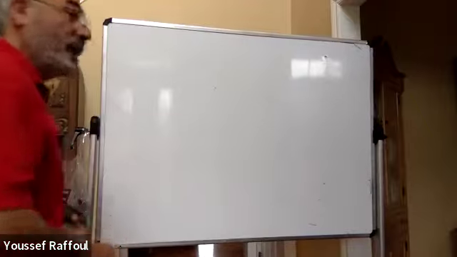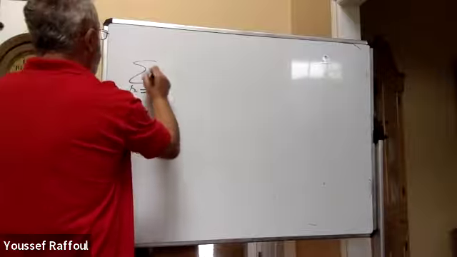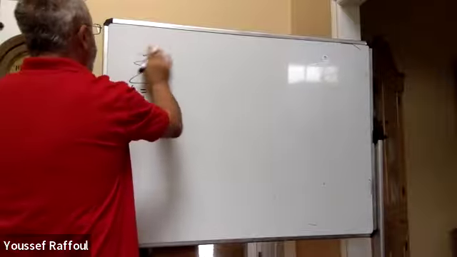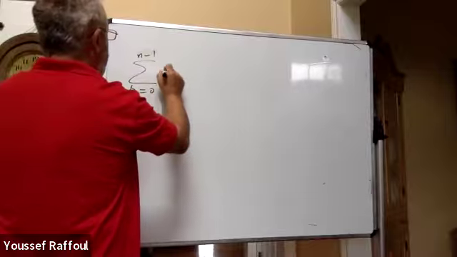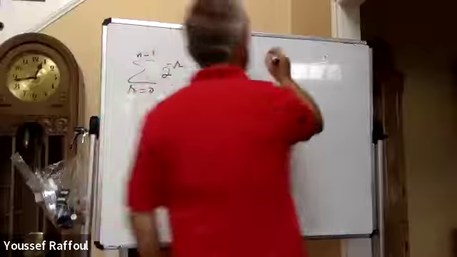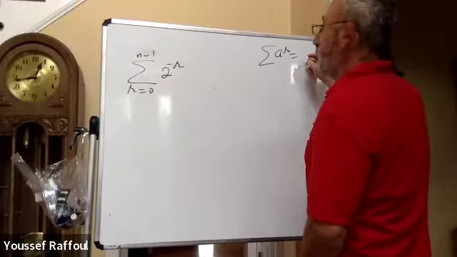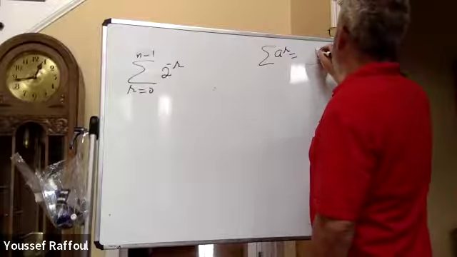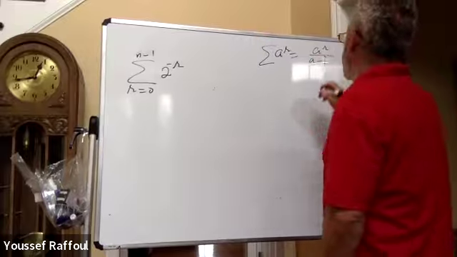I was just looking at your homework number 3 today, and I noticed, let's say you have the sum for r equals 0 to n minus 1 of 2 to the minus r. You know, you have the sum of a to power r equals a to power n over a minus 1.